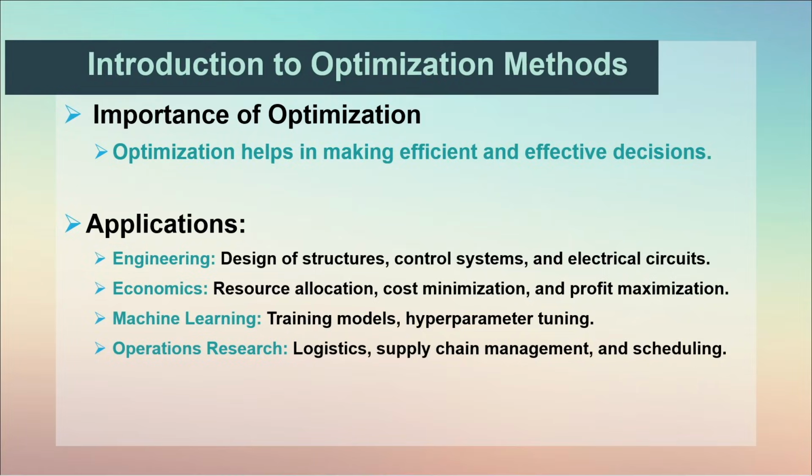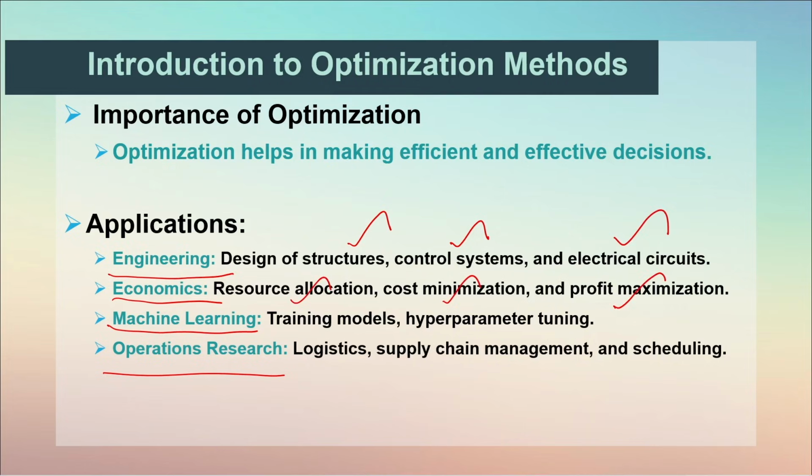Looking into the applications, when we deal with applications of optimization, we can have a lot of things. One is engineering optimization, then economics, machine learning, and finally operations research. Let me take the design of structures, control systems and electrical circuits among the engineering sector, and resource allocation, cost minimization and profit maximization come under economics.